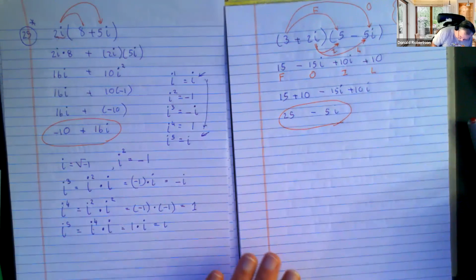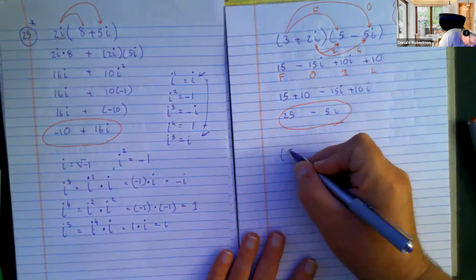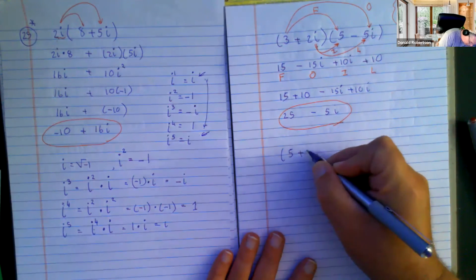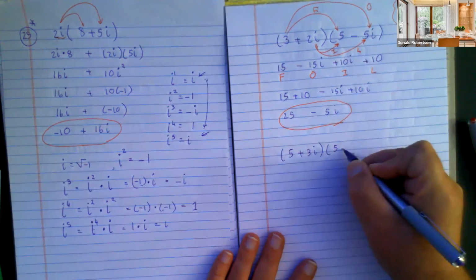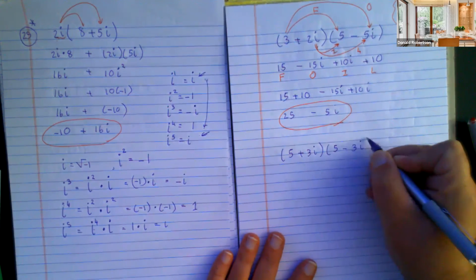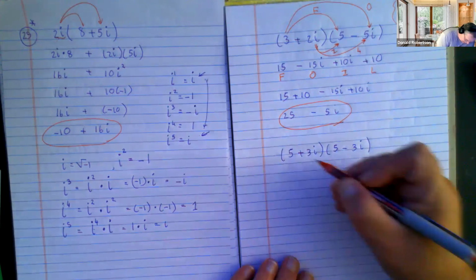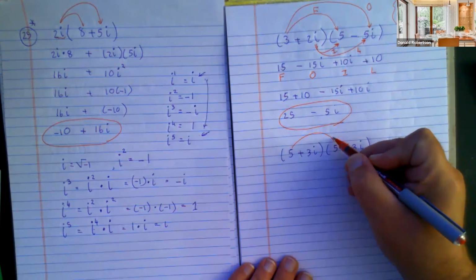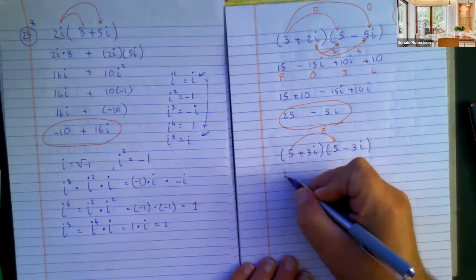So one more. Do a strange one. How about 5 plus 3i and 5 take away 3i? That's pretty ugly. If we do F, we get 5 times 5, which is just 25.